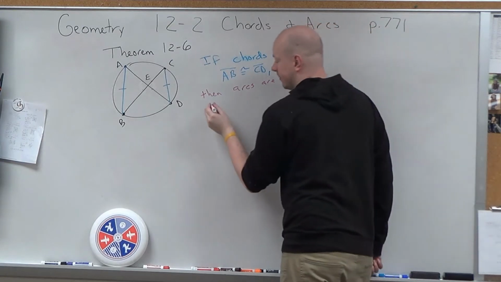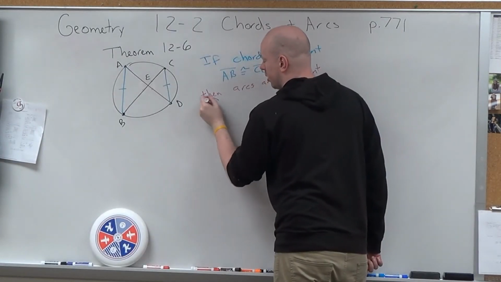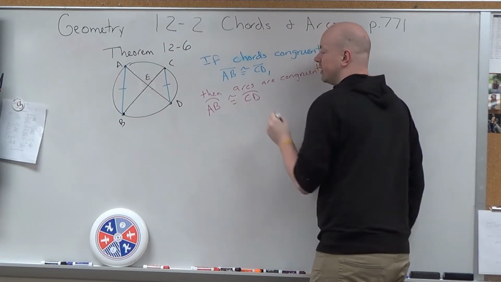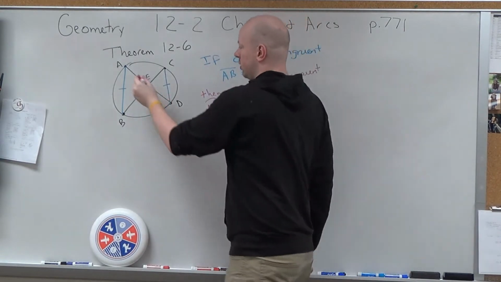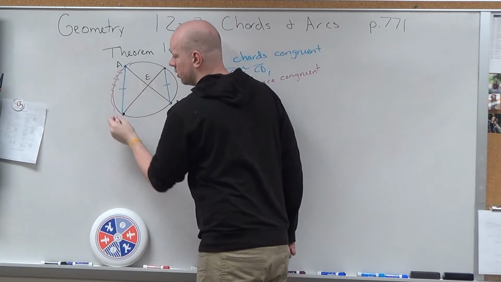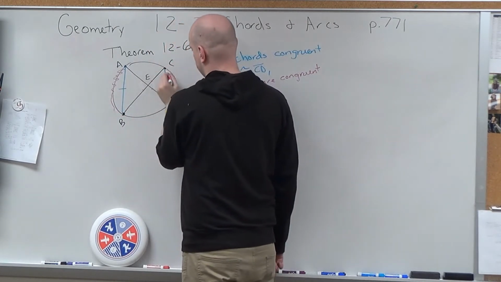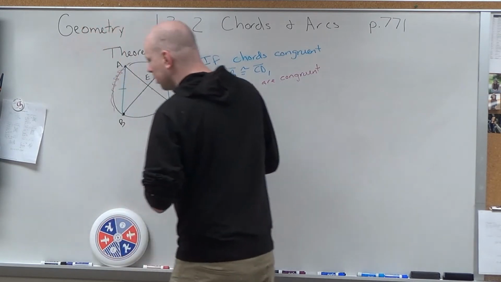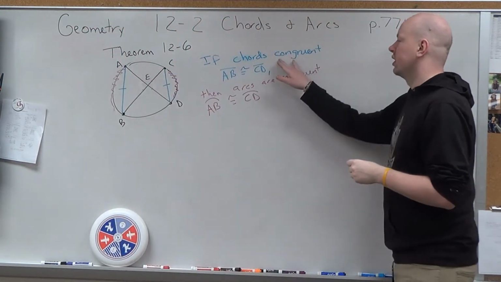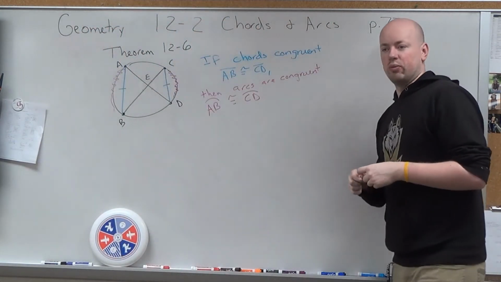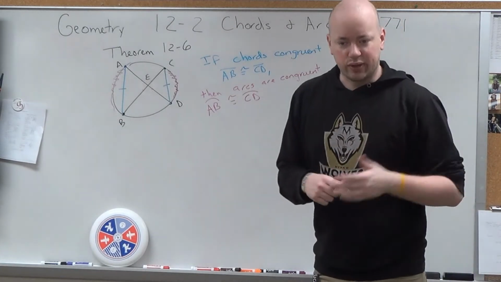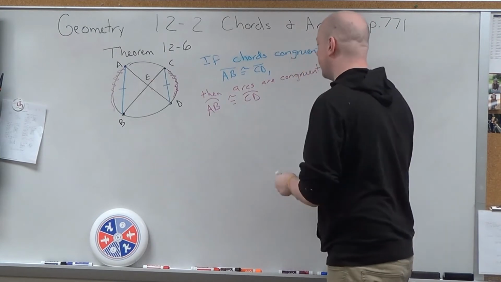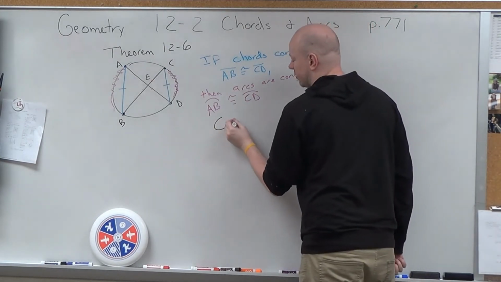So in this case, arc AB would be congruent to arc CD. So if the chords are congruent, then my arcs have to also be congruent.